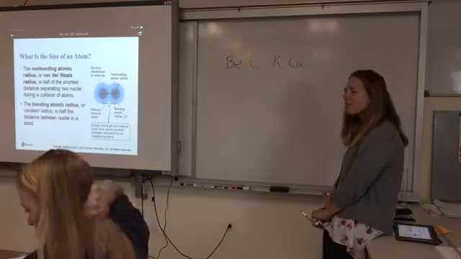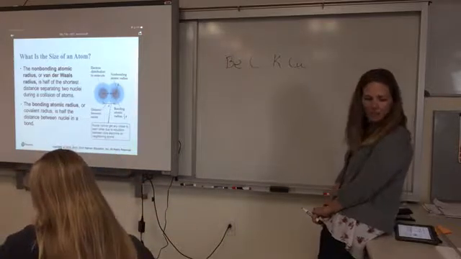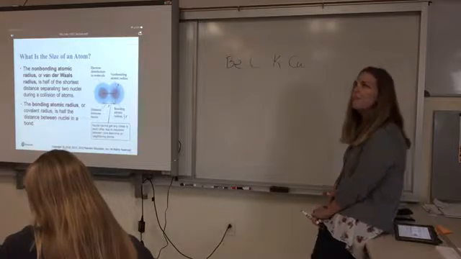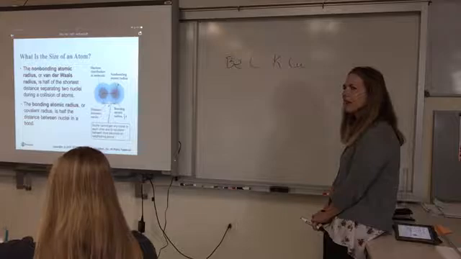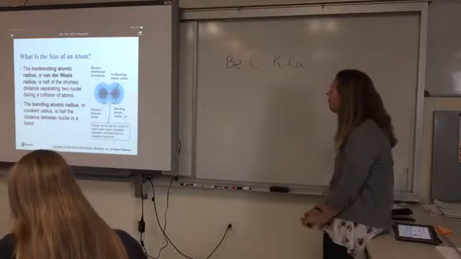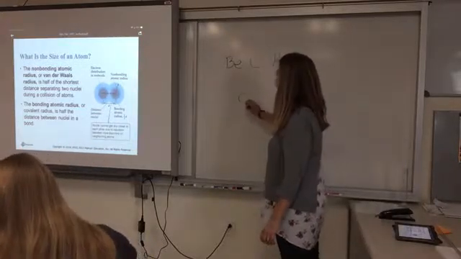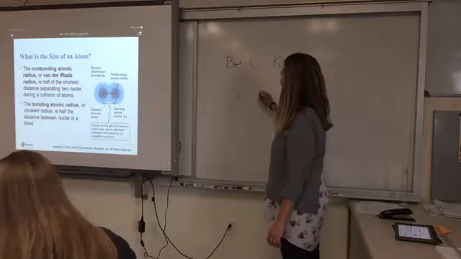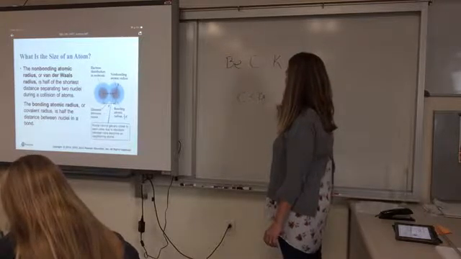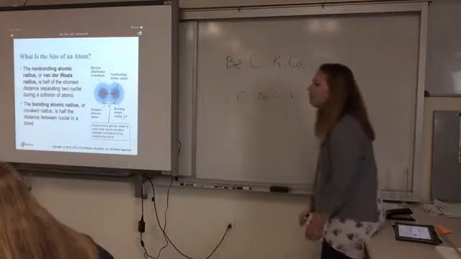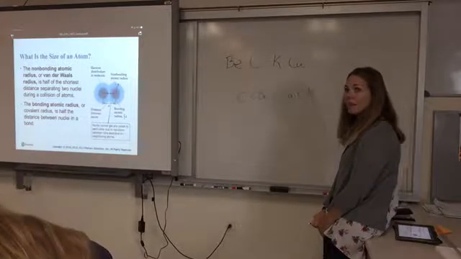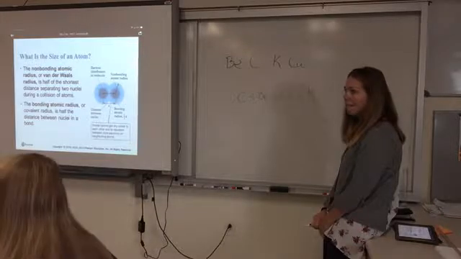If it threw you off because Be is a 2s, keep in mind that's still on the second energy level. So carbon's going to be the smallest, then Be, then who? Ca. Then Ca, then potassium. Okay?